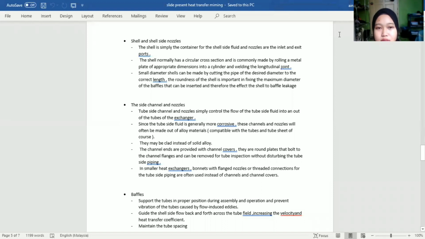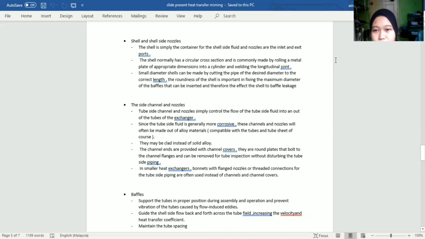Okay, next, shell and shell side nozzle. The shell is simple. It contains the shell side fluid, and the nozzles are the inlet and exit ports. The shell normally has a circular cross section and is commonly made by rolling a metal plate of appropriate dimension into a cylinder and welding the longitudinal joint. Shell diameter.